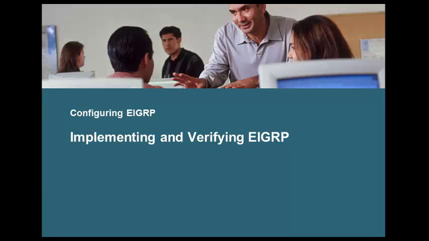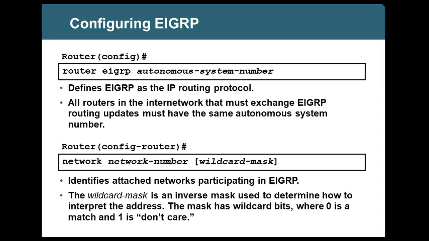Let's see. EIGRP always works with autonomous system number. Whether you have more groups or a single group, you need to mention some number to the group. And this number, you are free to use any number from 1 to 65535.